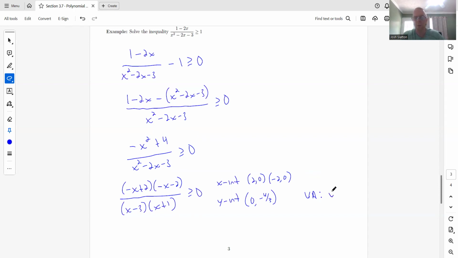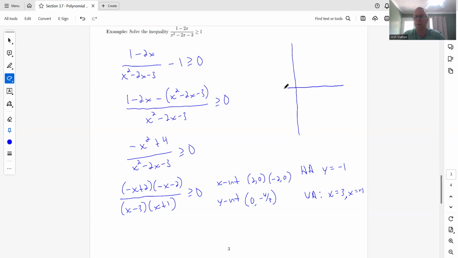And so we get x equals 3, x equals negative 1. And then the horizontal asymptote, we have a degree 2 over degree 2. So negative 1 over 1. So the horizontal asymptote is y equals negative 1.